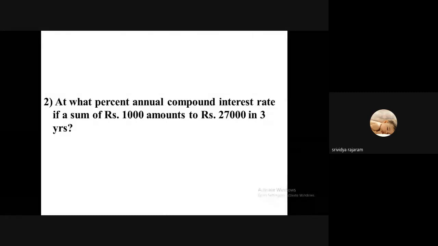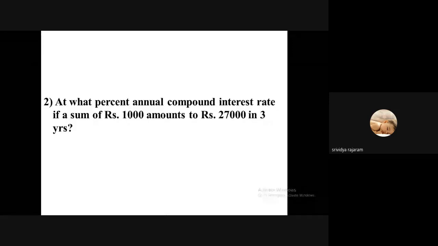So what is actually given in the problem? At what percent annual compound interest rate? It is nothing but they are asking us to find the value of R. A sum of rupees 1,000 amounts to rupees 27,000 in 3 years.